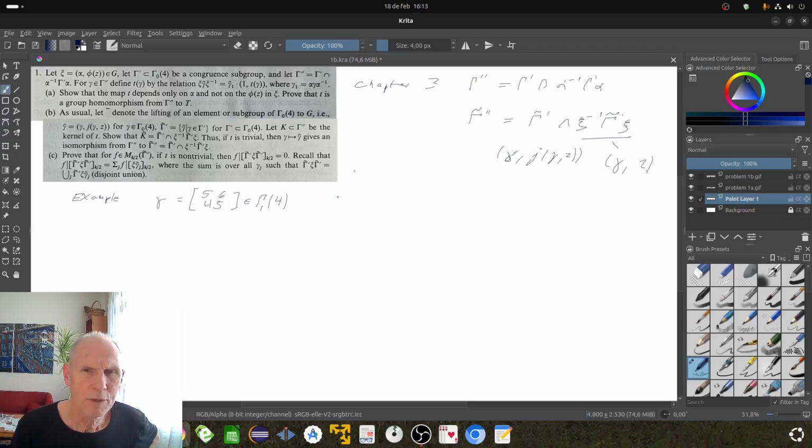And it comes from, so we just need to, of course this has the automorphy factor 1 times 4z plus 5, or the square root of it. So let's compute this.